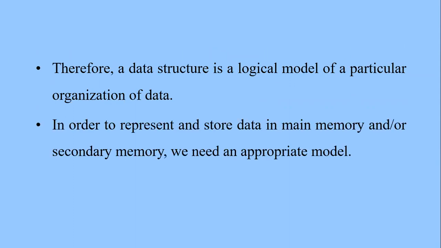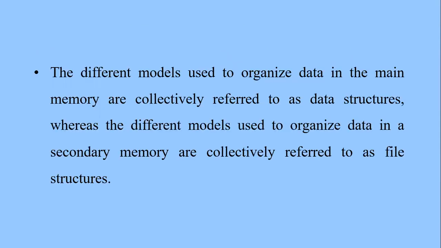In order to represent and store data in main memory and or secondary memory, we need an appropriate model. The different models used to organize data in the main memory are collectively referred to as data structures, whereas the different models used to organize data in a secondary memory are collectively referred to as file structures.